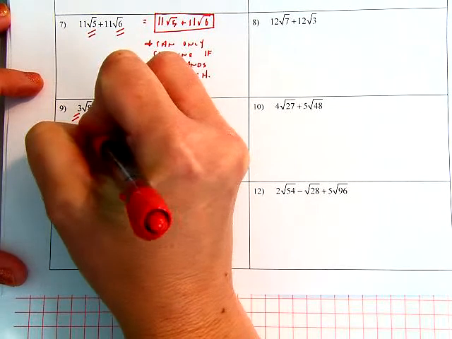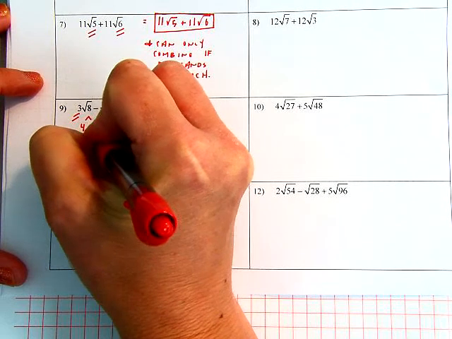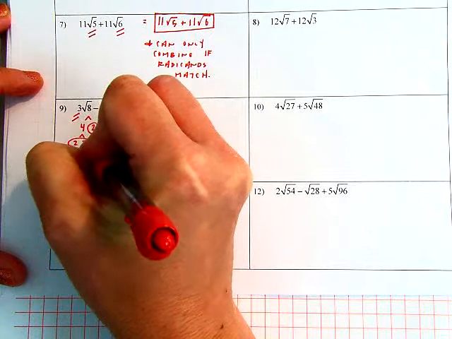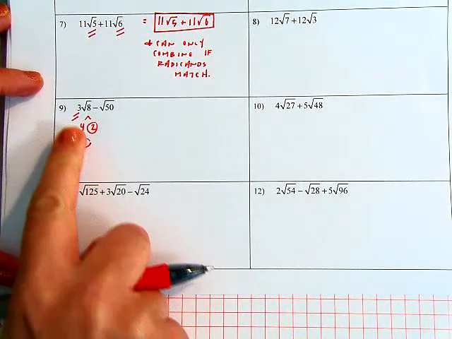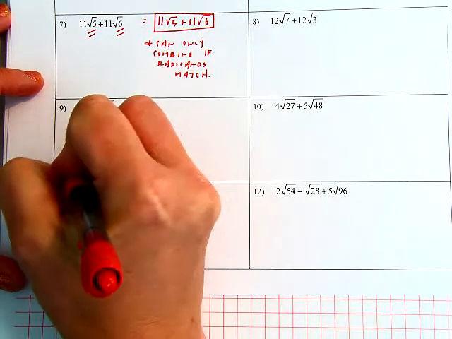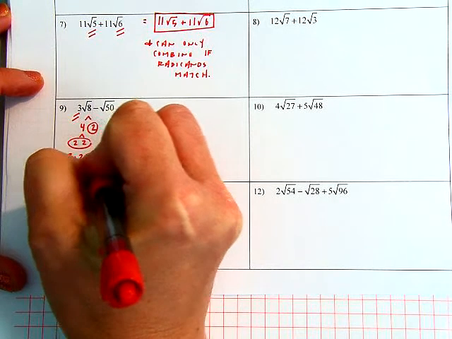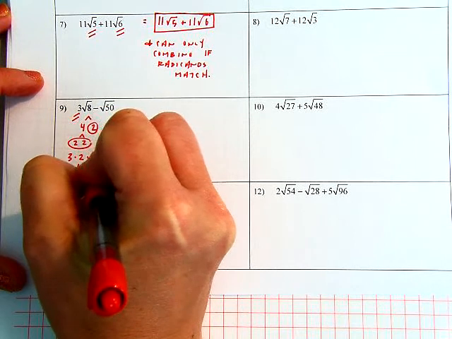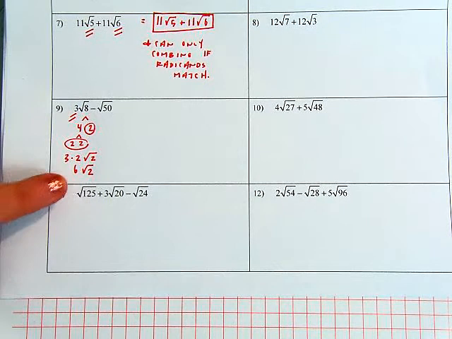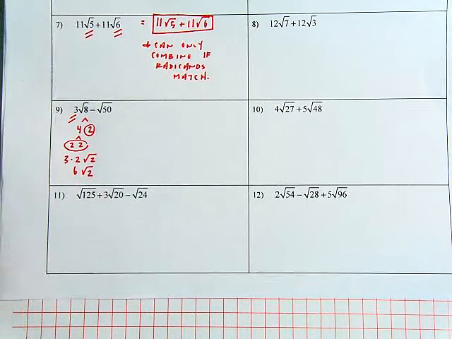So I know that 8 is 4 times 2. And that 4 will give me a pair of 2's. So this term is really 3 times 2 square root 2. 3 times 2 square root 2. 6 square root 2. So I was able to simplify this one down, and now it reads as 6 times the square root of 2.